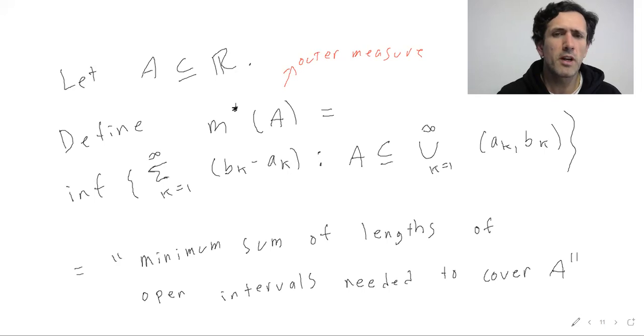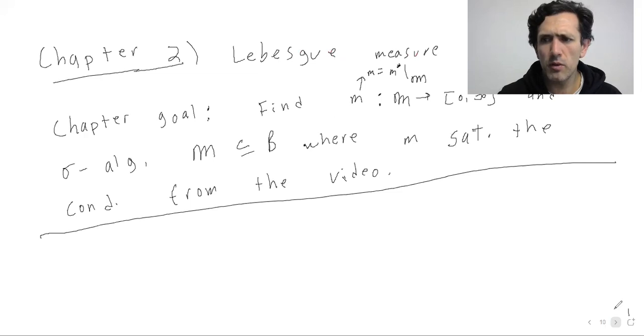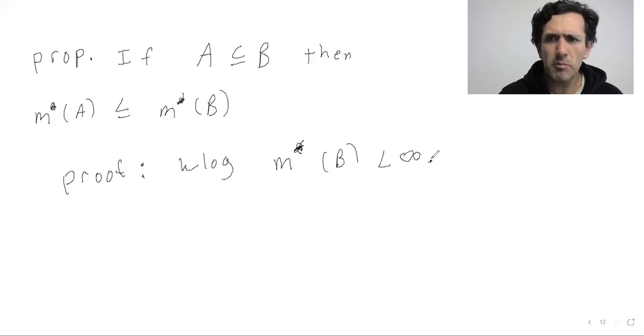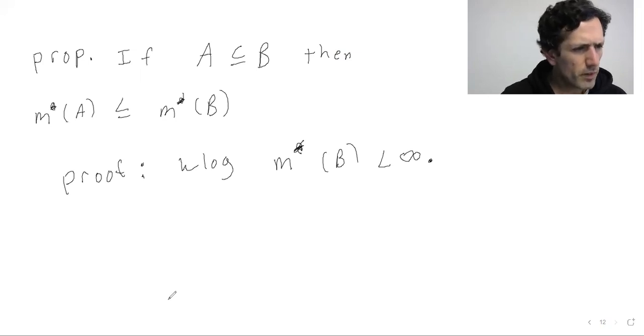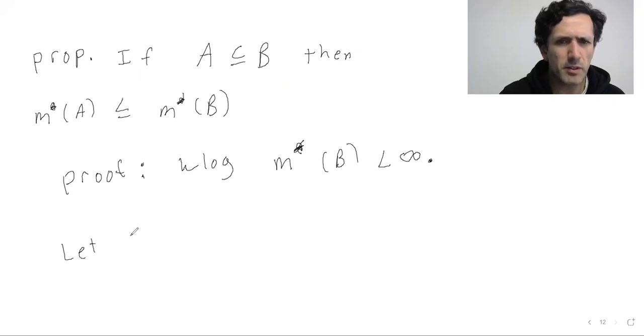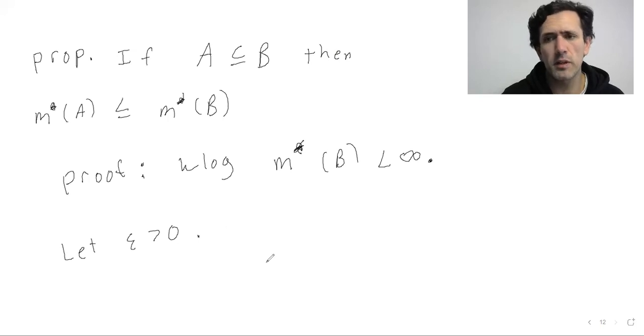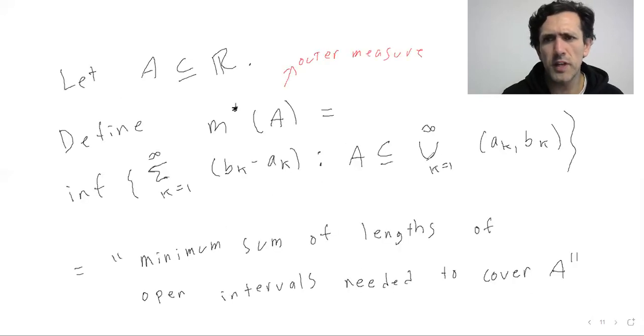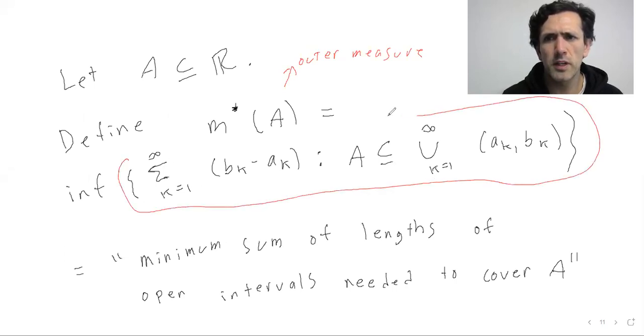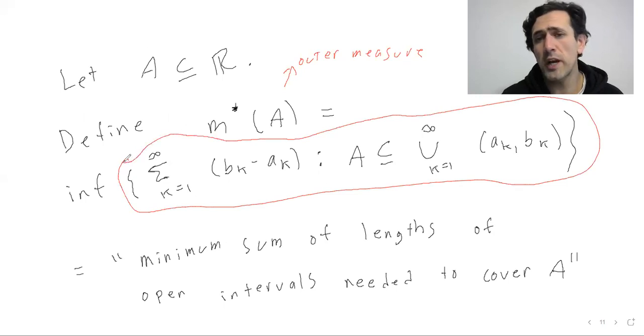So then the infimum certainly makes sense as a real number. By definition of an infimum, let's say epsilon is bigger than 0. So M star of B plus epsilon is not a lower bound of this set that I'm circling, because the infimum is the greatest lower bound.